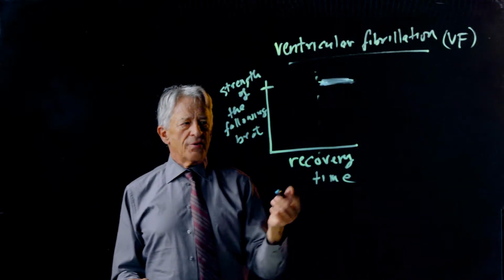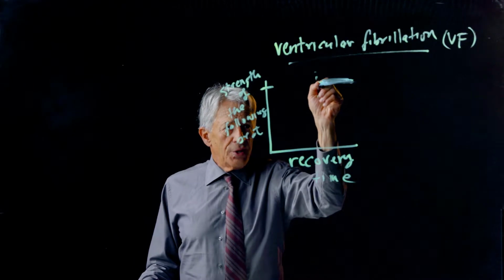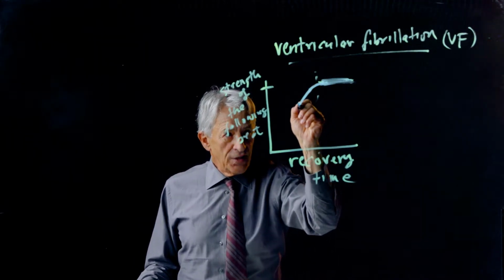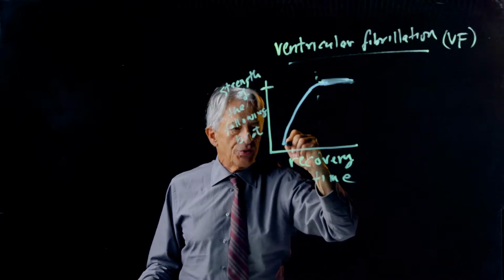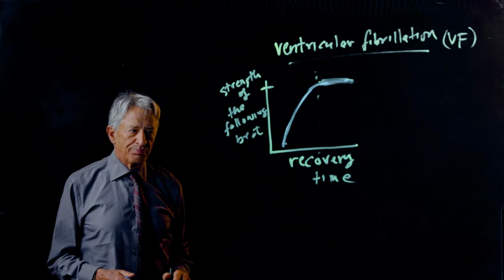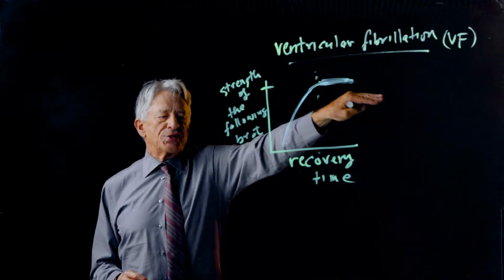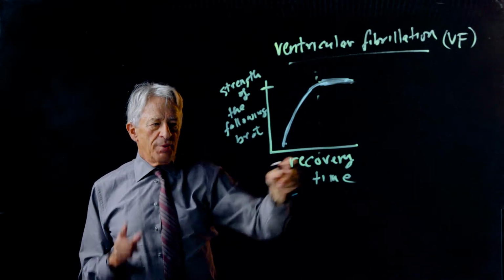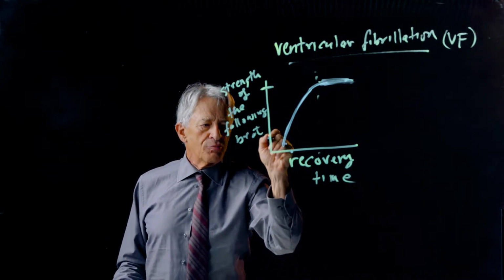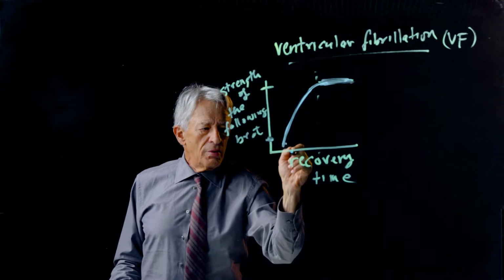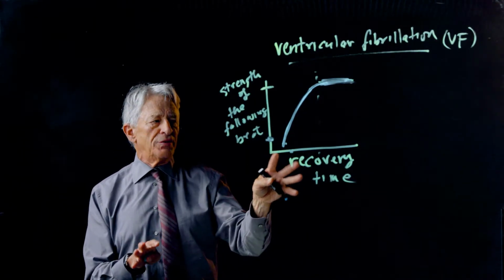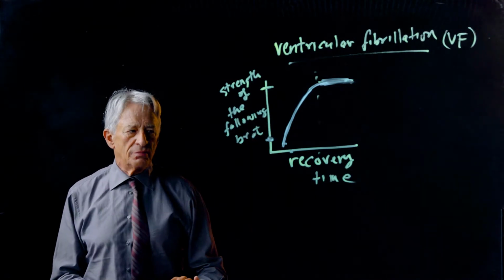Now, however, as the recovery time gets shorter, the strength of the following beat is going to get shorter. And this is going to be a curve. And it's going to rise and saturate. But it's reflecting the fact that a short recovery time produces only a stunted, or a fraction of a true, beat.